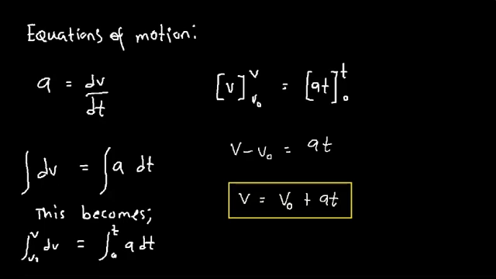Now, to derive our second equation of motion, we can also denote our definition of velocity mathematically as v equals dx over dt, where x is our displacement. Rearranging this like we did previously, we get the integral of dx equals v dt.